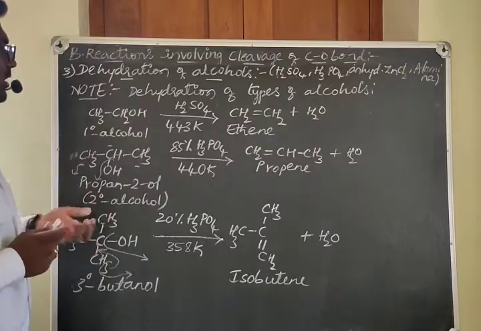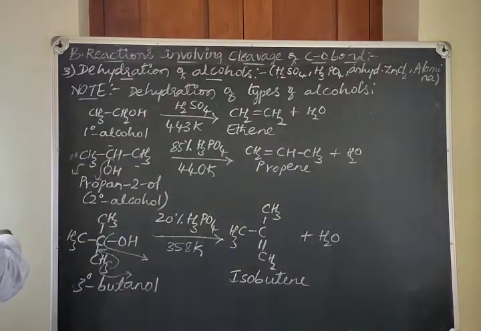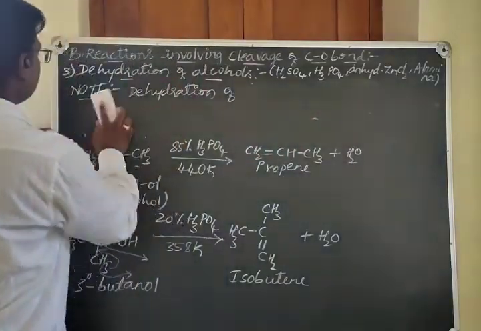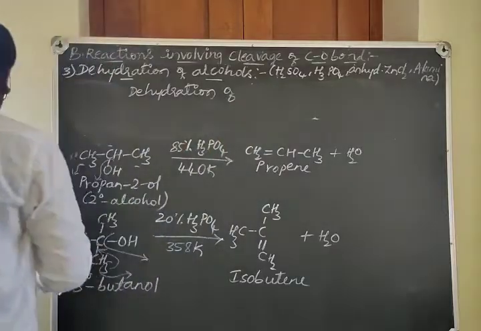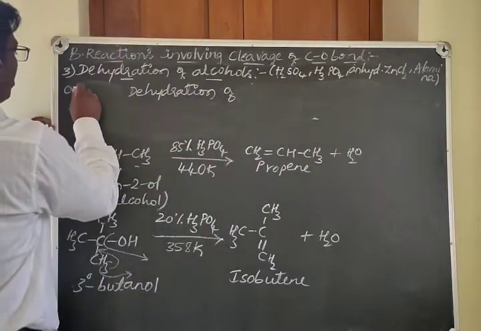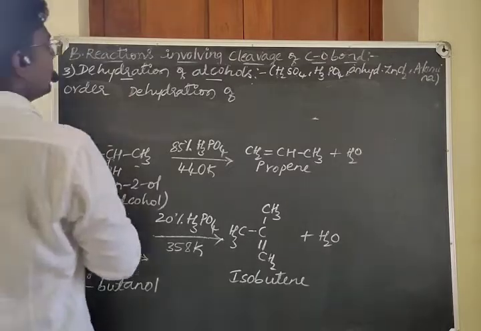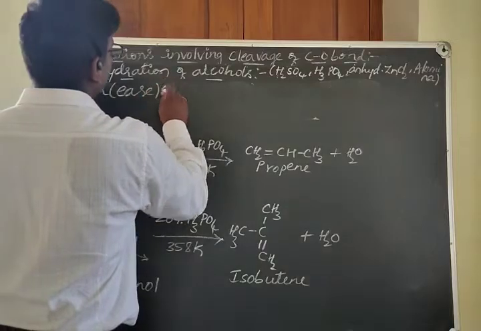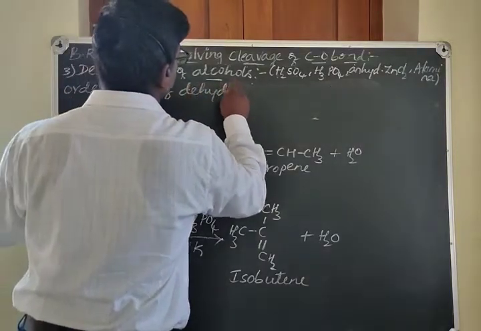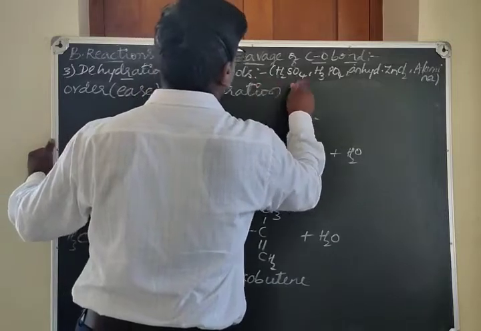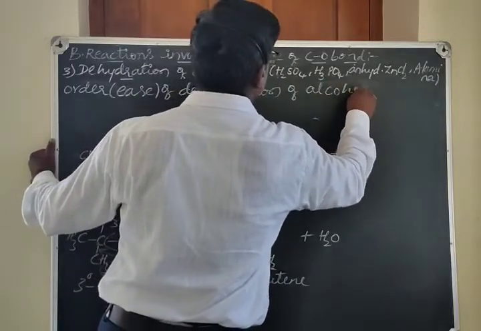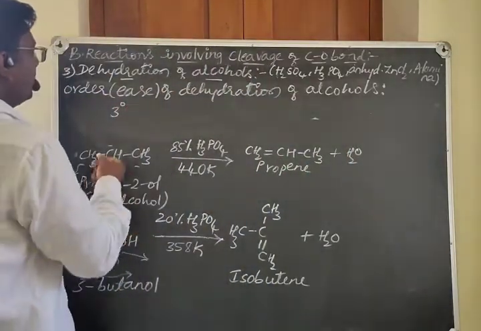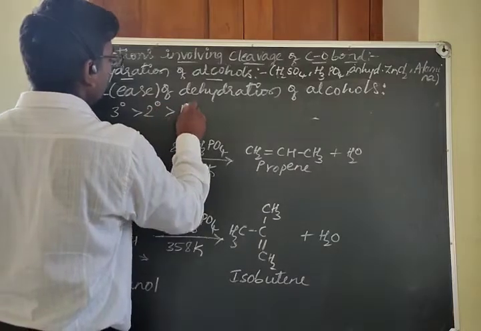So when you write the order or ease of dehydration of alcohols, it follows this order: tertiary alcohols readily undergo dehydration, followed by secondary, followed by primary.